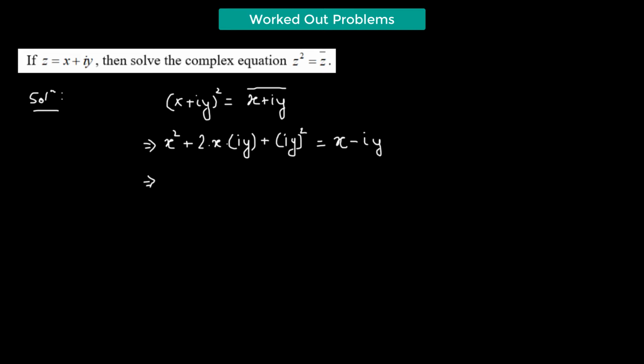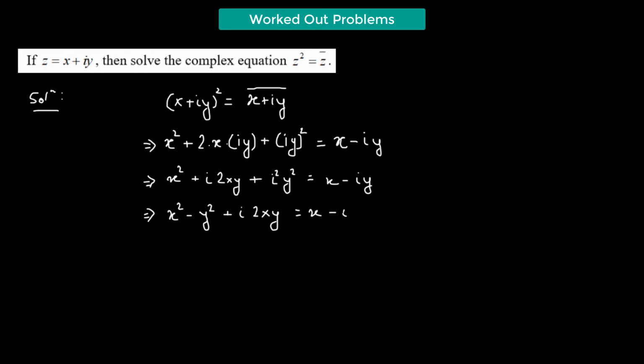This will be equal to x squared plus i times 2xy plus i squared y squared equals x minus i times y. So we're going to combine the first term and the third term, since i squared is -1. So that would make i squared y squared as negative y squared. So we have x squared minus y squared plus i times 2xy equals x minus i times y.